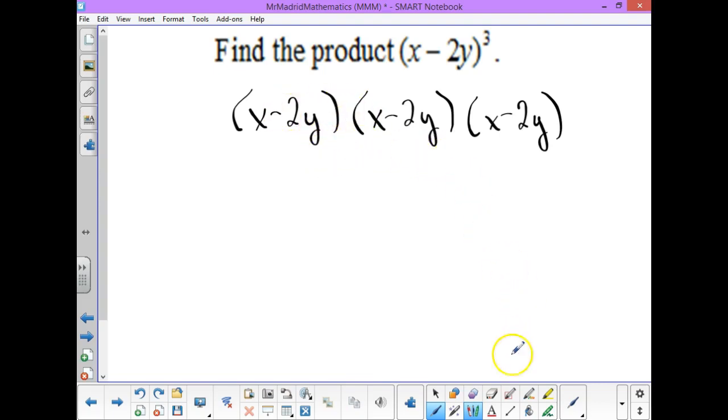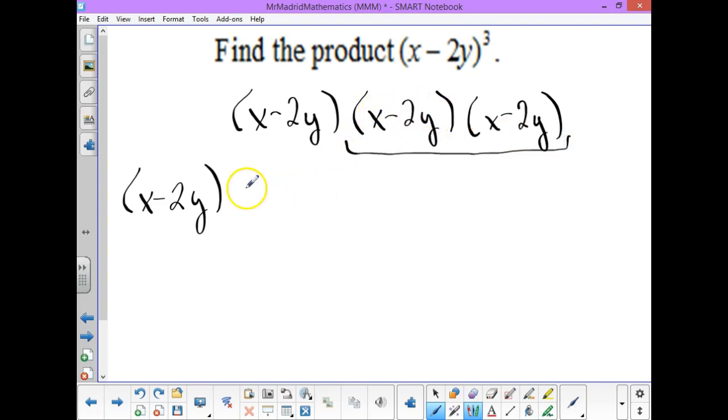So what I'm going to do here is put 1 here on the side. Leave him alone, and then I'm just going to take care of these 2 for now. So x times x is x squared. X times minus 2y is minus 2xy.